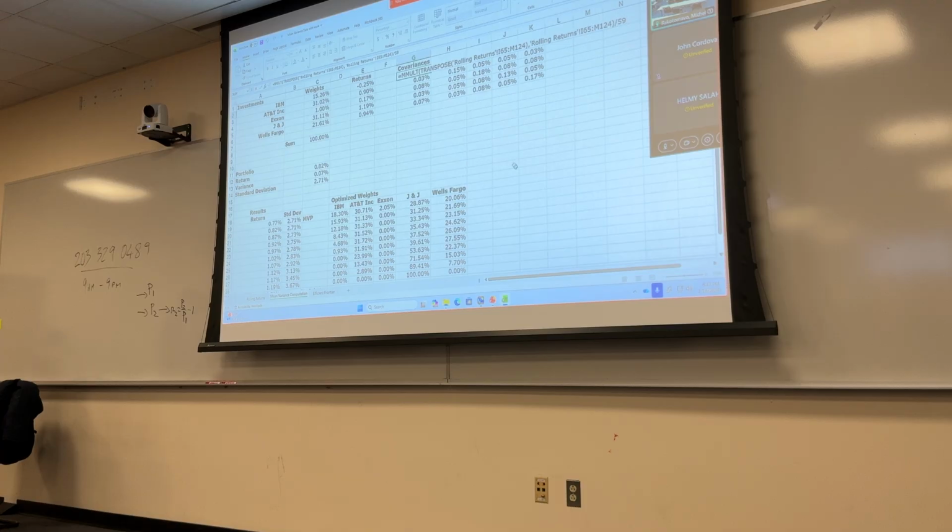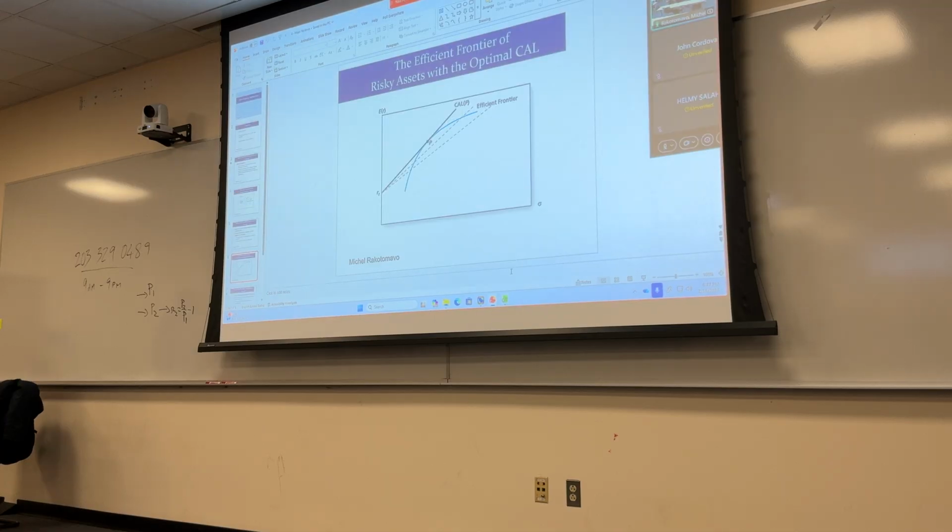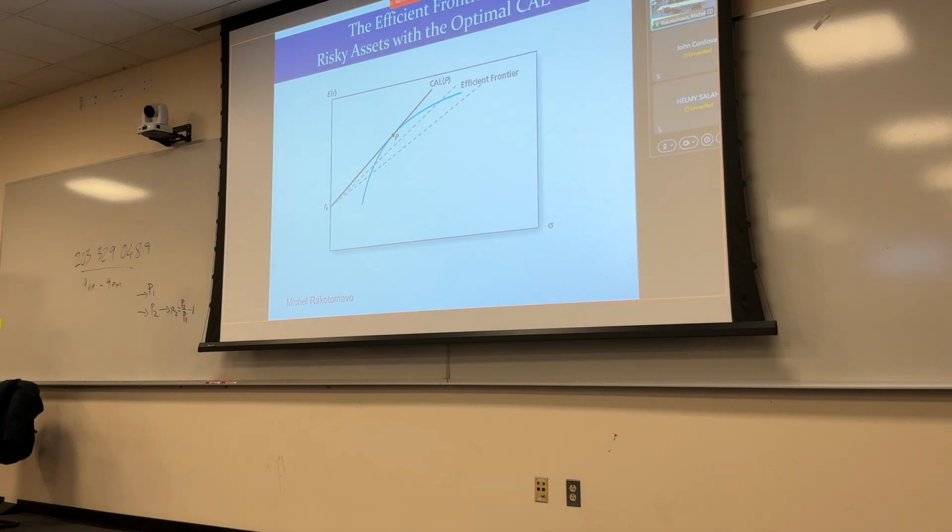Okay, so the idea was the question, there was a question, I might as well write it here. Basically the idea is that I downloaded returns directly from Morningstar Direct.